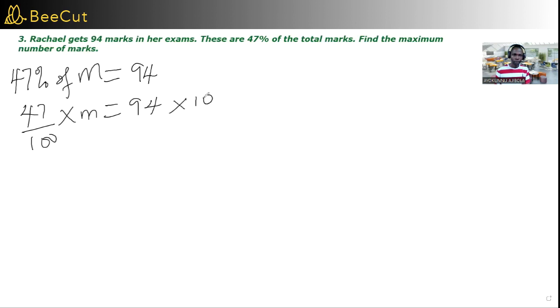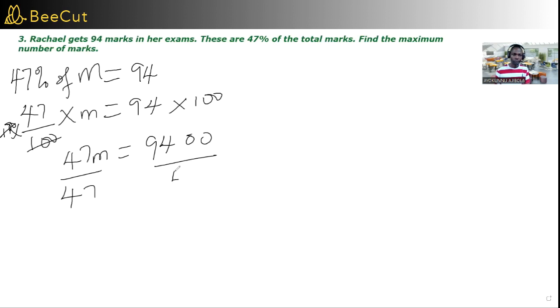So 100 cancels 100 here. 47M equals 9400. So I divide both sides by 47. 47 cancels 47 here.